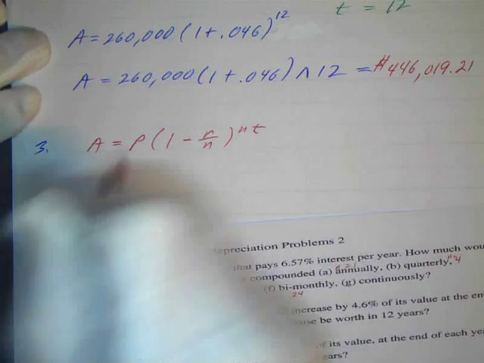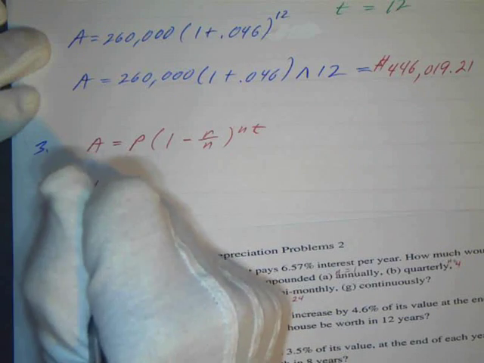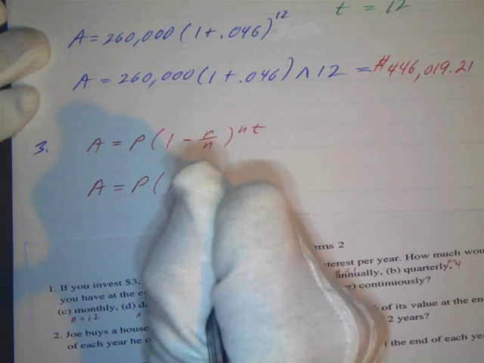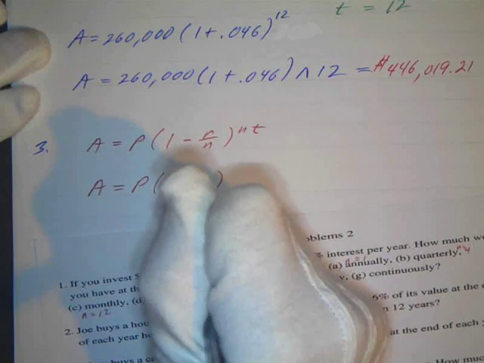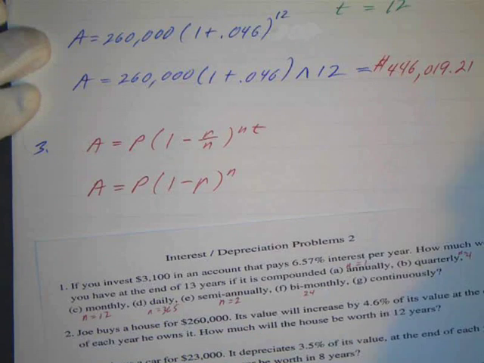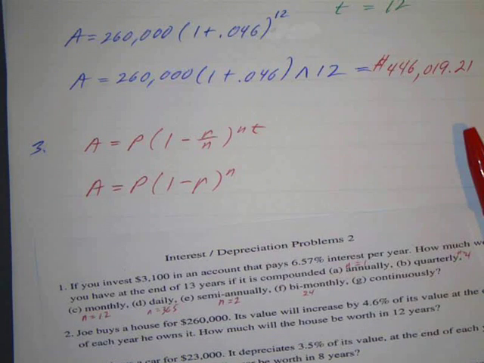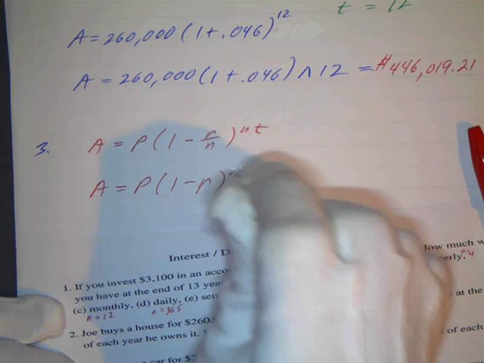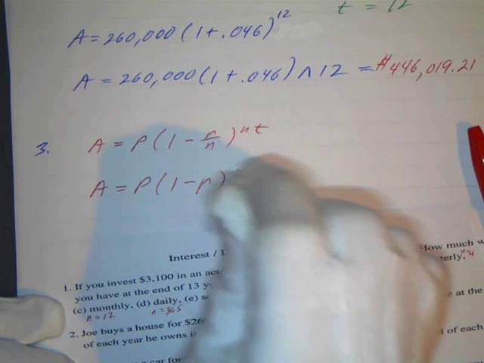So n will almost always be 1 in depreciation problems. So whenever you have a minus sign, it's going to be 1 minus r to the nt. I'm sorry, to the t. Because in depreciation problems it's almost always done yearly, so n is always 1, so we just have a t up here.